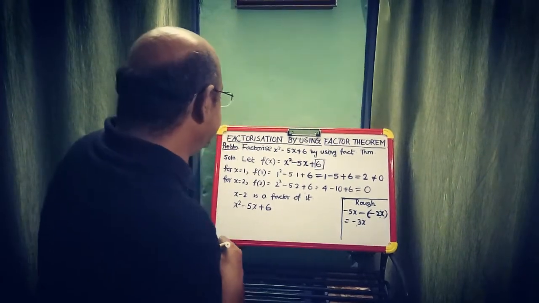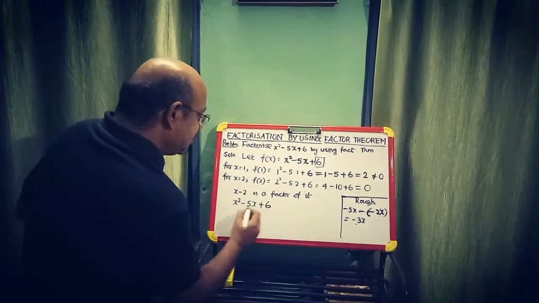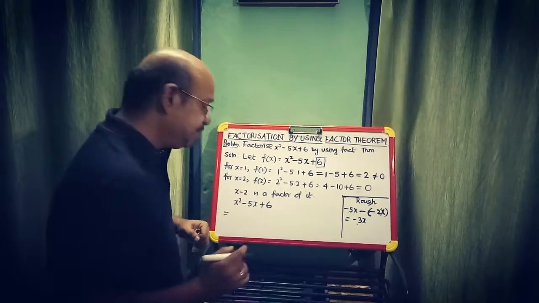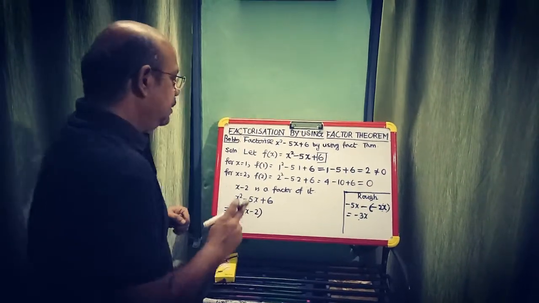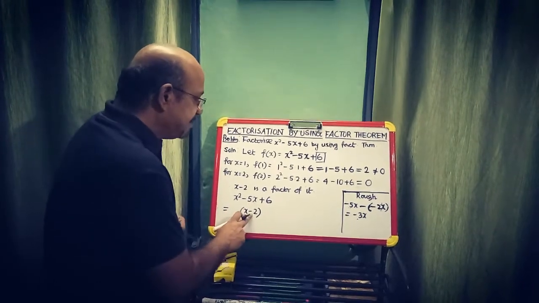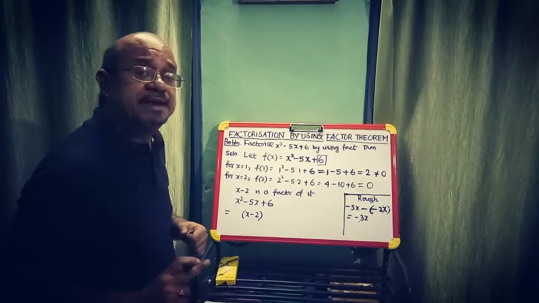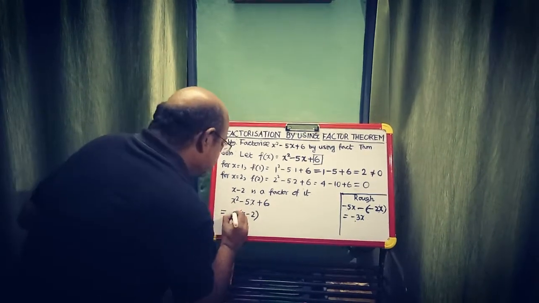We have already identified x minus 2 is a factor of it. So here is x square minus 5x plus 6. Since we know that x minus 2 is a factor of it, I have written x minus 2. Now, with what quantity should x minus 2 be multiplied so that the first term x square gets adjusted? Very simple answer. I will multiply it with x.